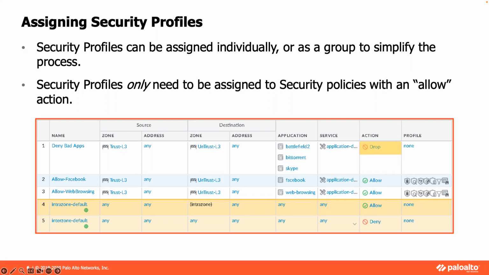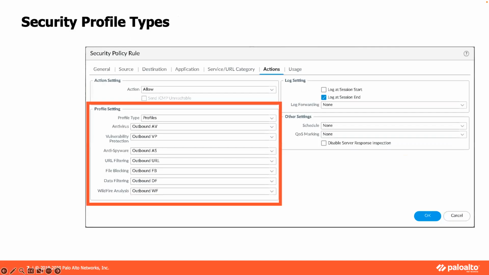And again, the idea is to add these profiles to your security policy rules and have allow actions. This is an example of a security profile added to a security policy rule.